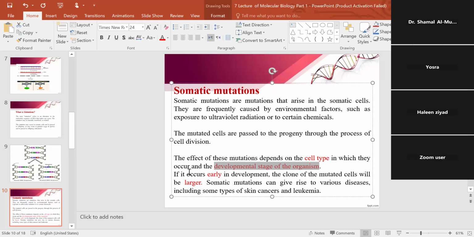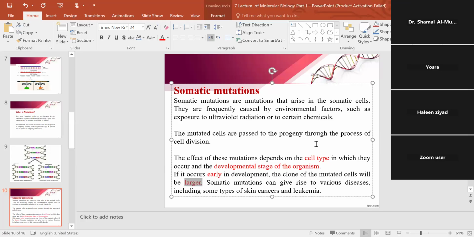So in the early stage, it makes a large change in the somatic mutation, versus if it happens late in development or in old age, these mutant cells will be few, not large.